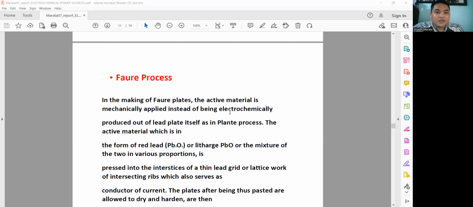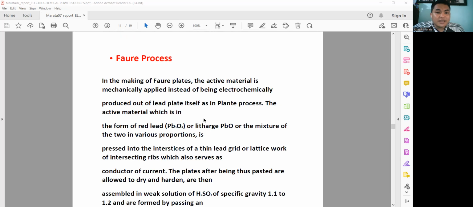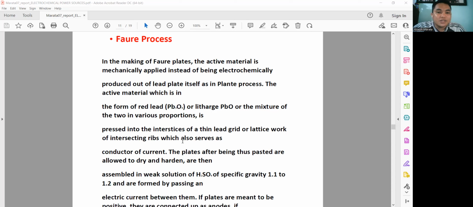The active material, in the form of red lead, Pb3O4, which is lead tetroxide, or litharge PbO, or a mixture of the two in various proportions, is pressed into the interstices of a thin lead grid or latticework of intersecting ribs, which also serves as conductor of current.